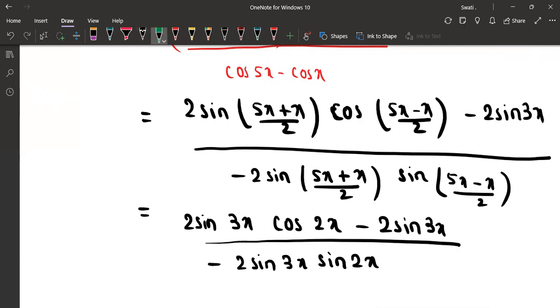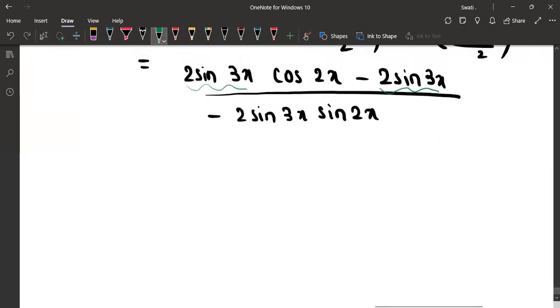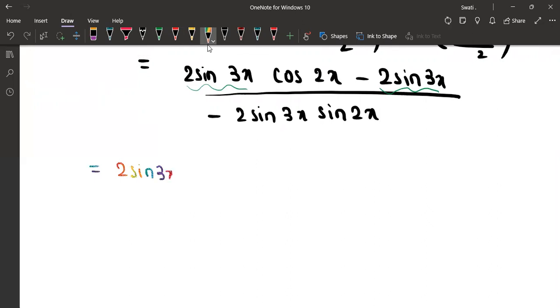Now you can see that we have this term here and this term over here, so I can clearly take this term out. I'll take 2 sin 3x common. Once I take 2 sin 3x common, what I'm left with inside the bracket is cos 2x minus 1 only.